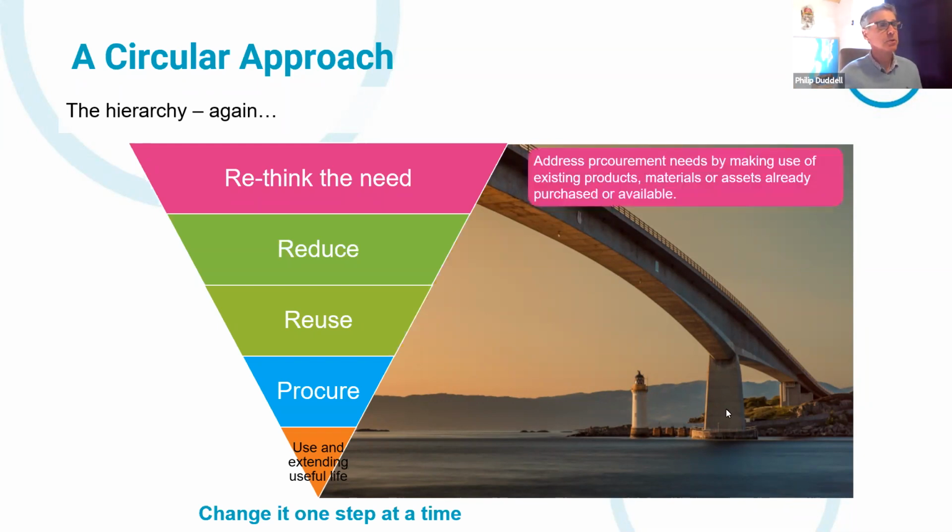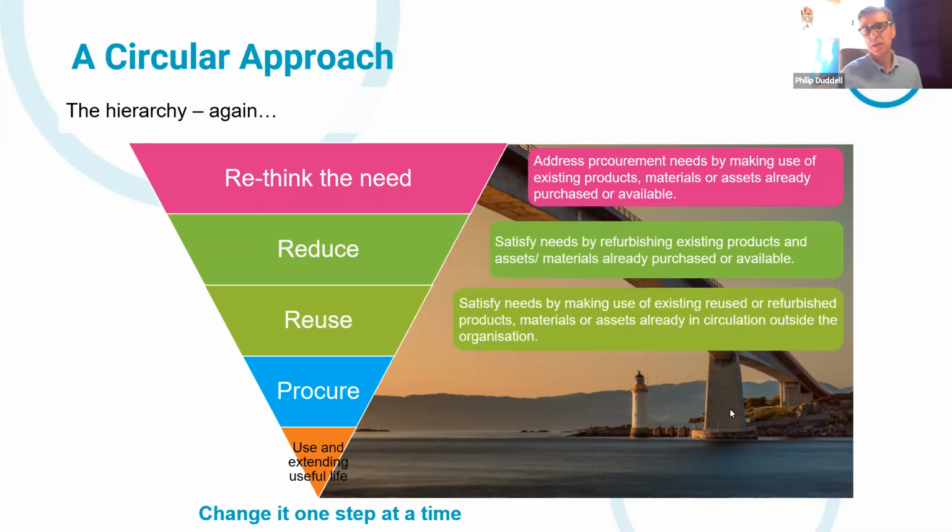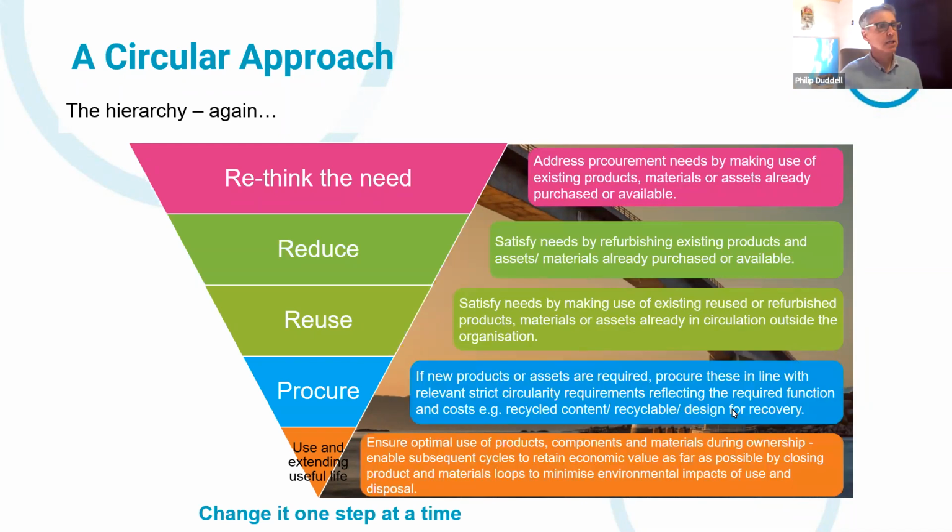Okay, so we've been through all of these hierarchy tiers yesterday, and I'm not going to spend too much more time talking about this now, but we need to be clear whether these opportunities, and I think you need to think about these as opportunities, present themselves for what it is that you may be thinking about buying.